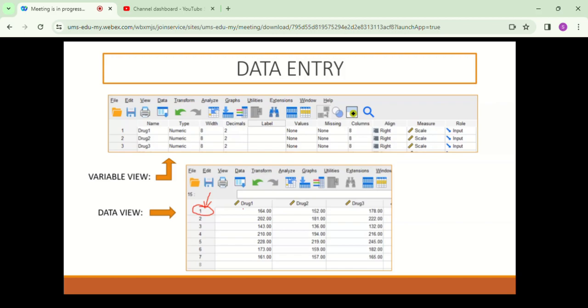So there are supposed to be an overlap here, 3 points overlap. The way we key in our Variable View is like this: drug 1, drug 2 until drug 3 in different rows in the Variable View so that we can get the headers in different columns in our Data View.